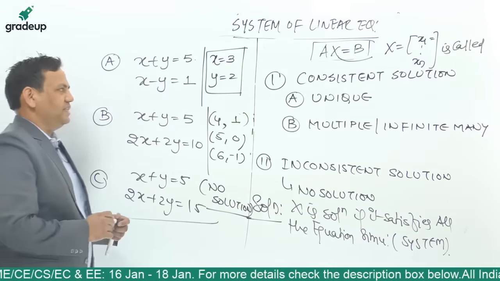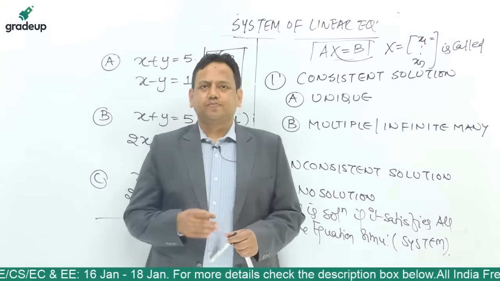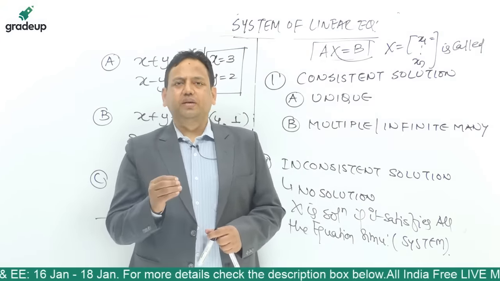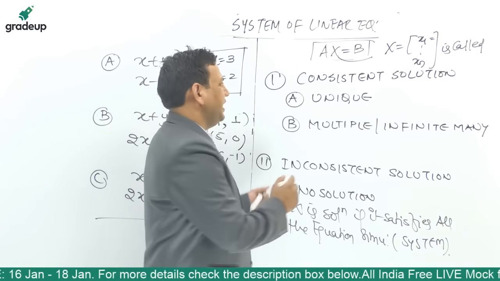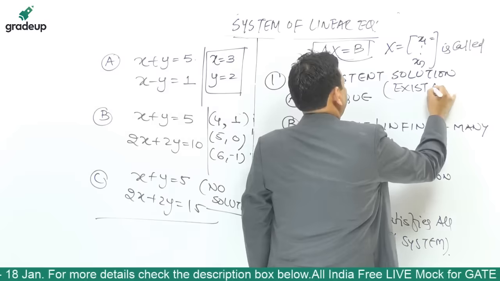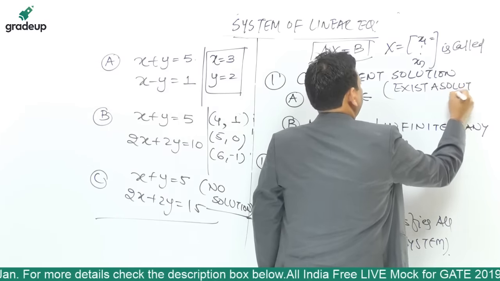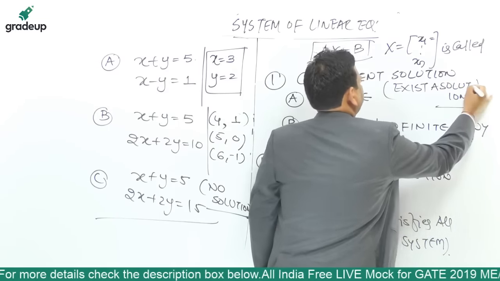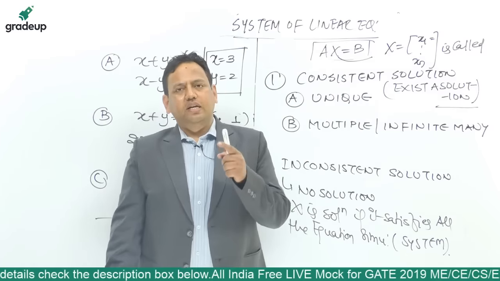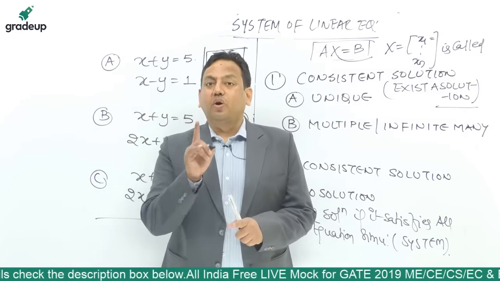Now first understand the meaning of consistent. If somebody says the system is consistent, what does it mean? If there exists a solution, then we will say the system is consistent. There may be the condition where you are getting a unique solution, meaning only one solution.